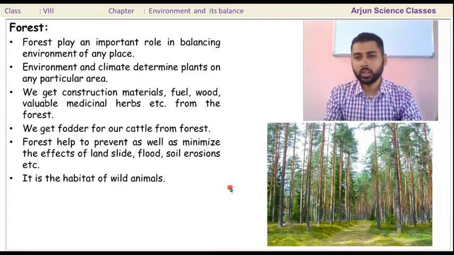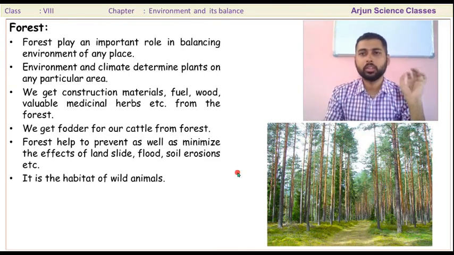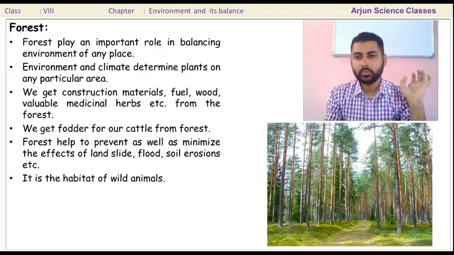Different types of wild animals, tiger, elephant, lion, deer, monkey, they all live in the forest. They obtain their food from the forest. They make their house in the forest. Forest is also the habitat for different types of birds, not only animals.